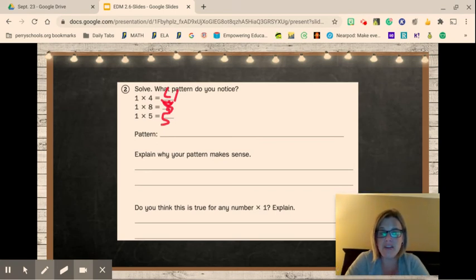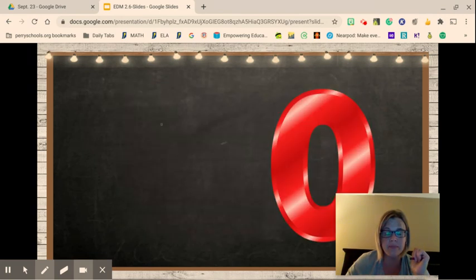So my pattern: anything times 1 is the other factor. Explain why this pattern makes sense. Well, it makes sense because if I'm multiplying by 1, I'm thinking about 1 group of that number. What do you guys think? Is this true for any number? It is, because we're always talking about 1 group of that many objects.